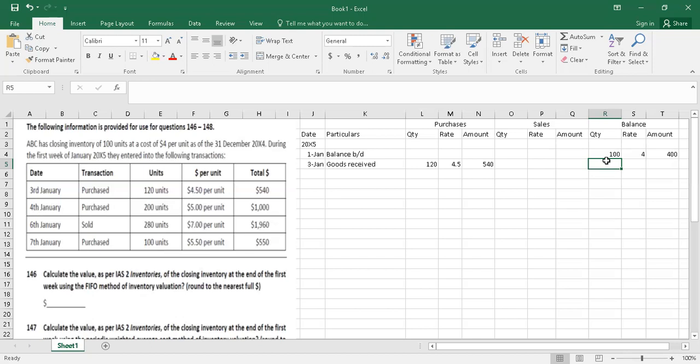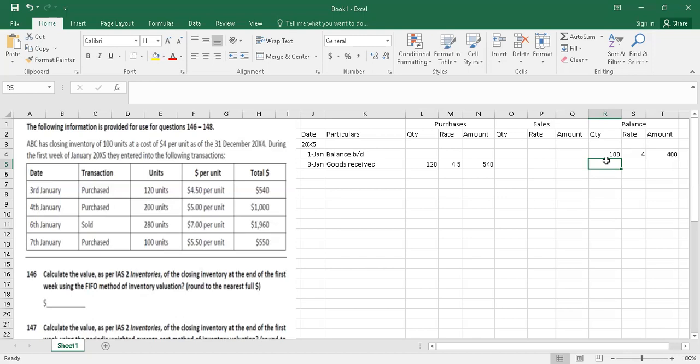See, now here, if we are talking about the balance, if it has to be recorded, altogether we understand that there are 220 units. One is 100 units at 4 per unit, another lot is 120 at 4.50. Okay, two lots are there. Quantity wise it can be added, but see, the total value also stands at 400 is one value and 540 is another value.